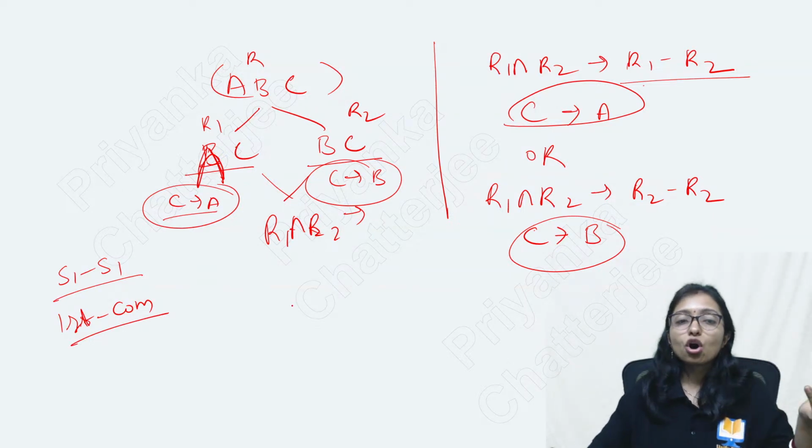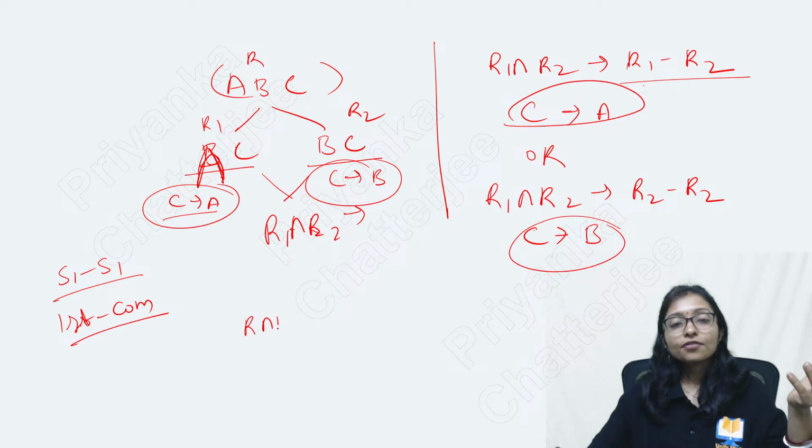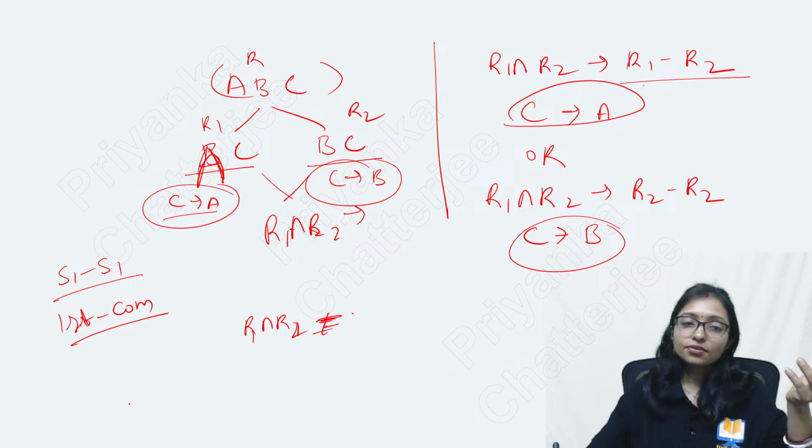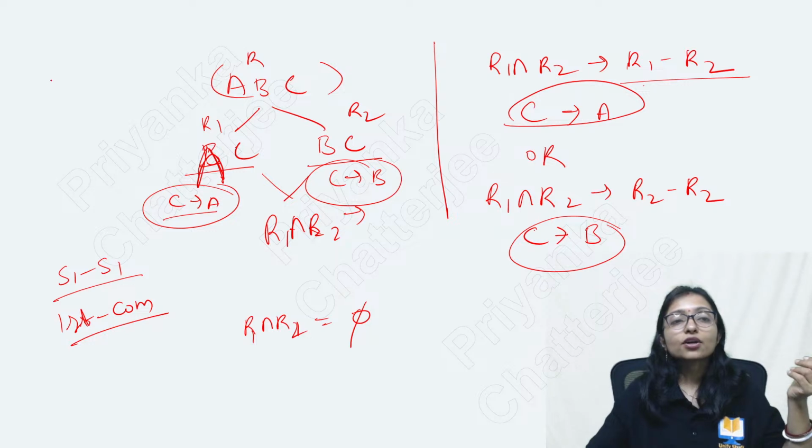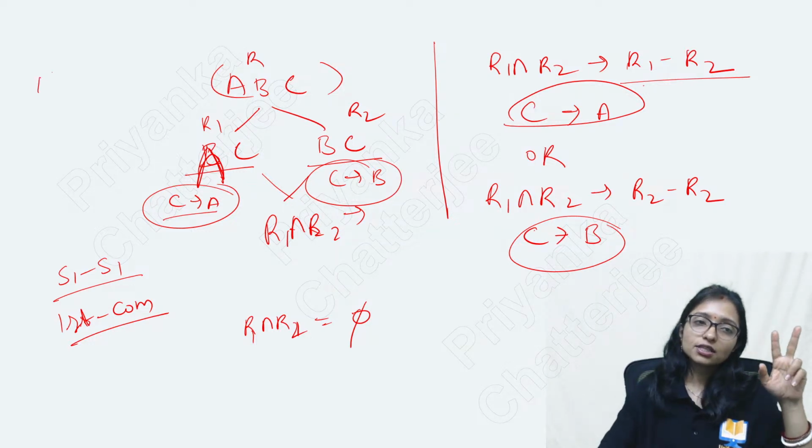If there is no common person, if R1 intersection R2 is phi here, there is no common person. If they are phi means no common person is there. Then you cannot say it will be joined, nothing. It will be phi. Like that, only two persons are there, husband and wife. They are separated now.